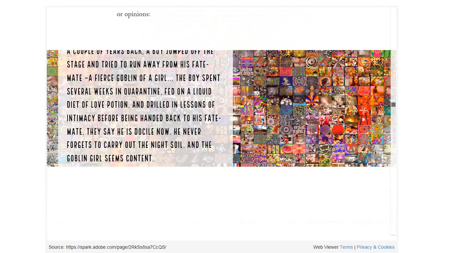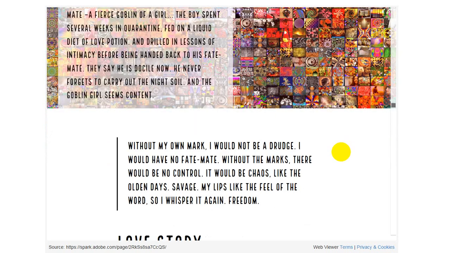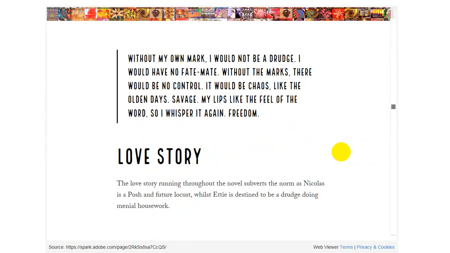He spent several weeks in quarantine, fed on a liquid diet of love potion. They drilled lessons of intimacy into him, and now he's docile. He never forgets to carry out the night soil, which I assume is their toilet bucket. And she says, without my own mark, I would not be a drudge. I would have no fate mate.